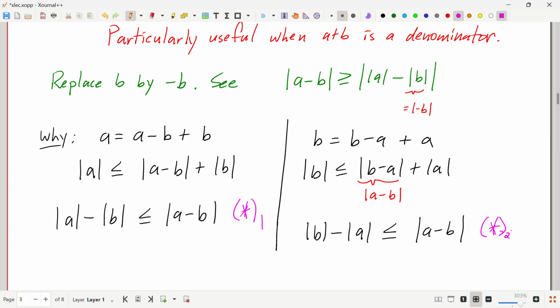Those two starred inequalities give me exactly what I need.